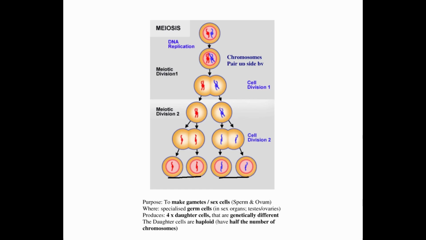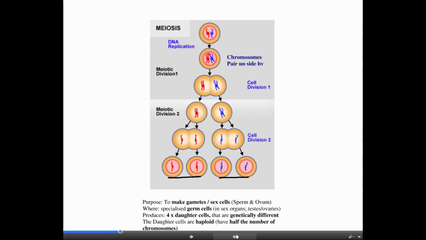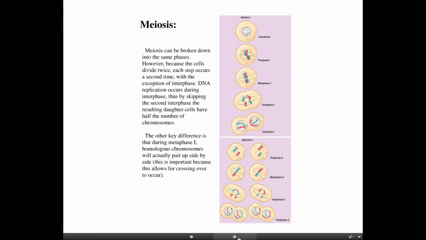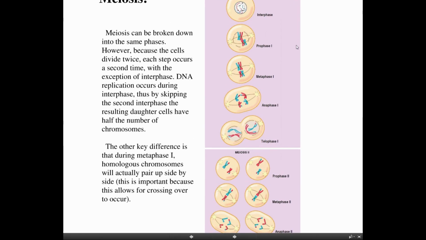So if we look at meiosis in a little bit more detail, and you don't really need to know any more detail for the Cambridge exams, just be aware, as I mentioned earlier, it can be called a reduction division because it reduces the number of chromosomes. Essentially the phases are the same as they were in mitosis.